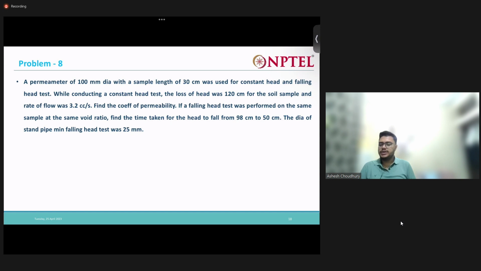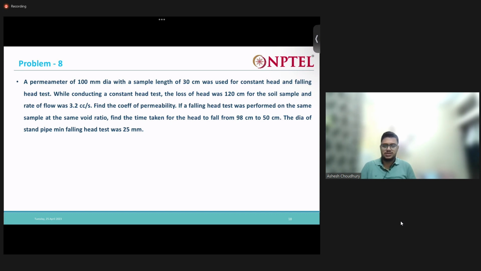A permeameter of 100 millimeter diameter with a sample length of 30 centimeter was used for a constant head and falling head test. So for both tests, the same permeameter was used. While conducting the constant head test, the loss of head was 120 centimeter for the soil sample and the rate of flow was 3.22 centimeter cube per second.